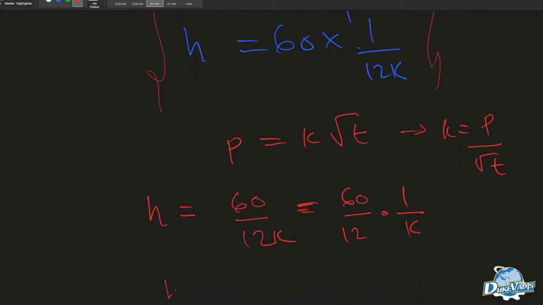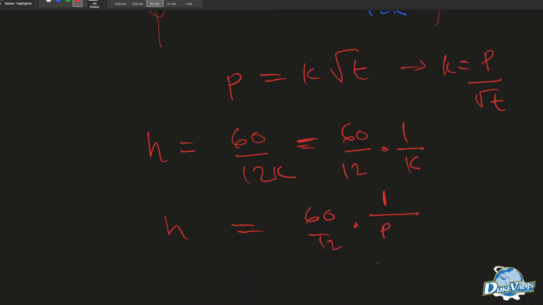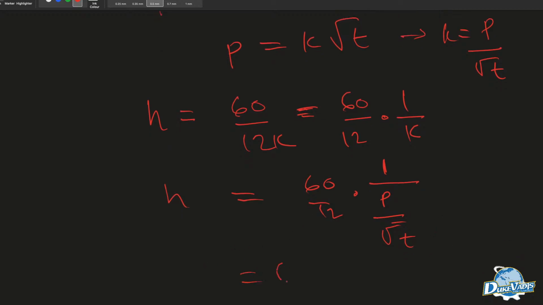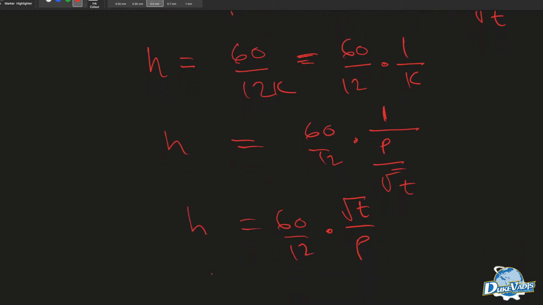Now we know k, so 1 over k is 1 over p square root of t. So we have 60 over 12 times square root of t over p, that's equal to h.